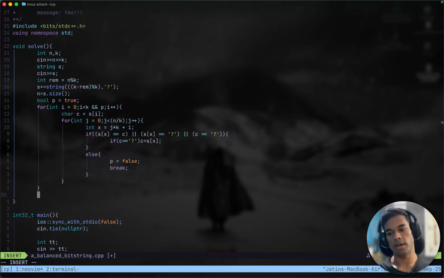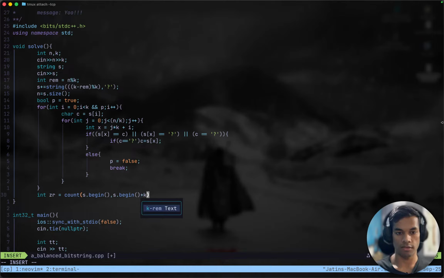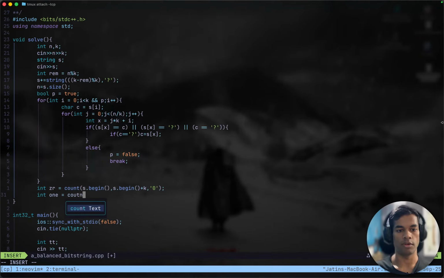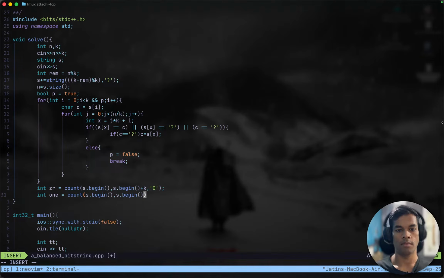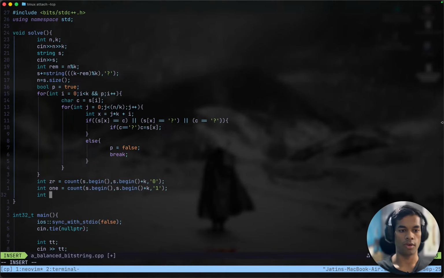Then we just need to compare in the first string. In the first string, int zr is the number of zeros: count the number of zeros beginning from s.begin going till s.begin plus k. Then count the number of ones, count s.begin to s.begin plus k, and also the number of question marks, count s.begin to s.begin plus k.